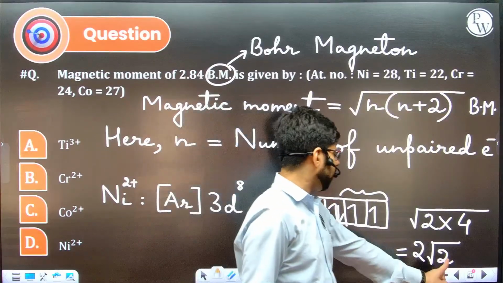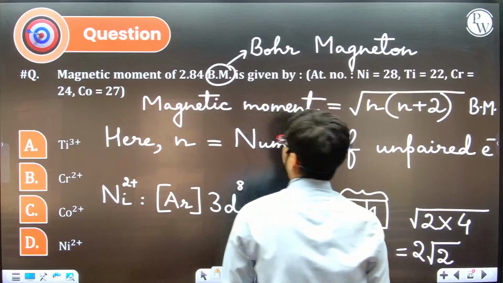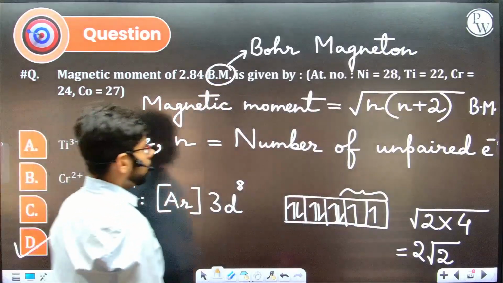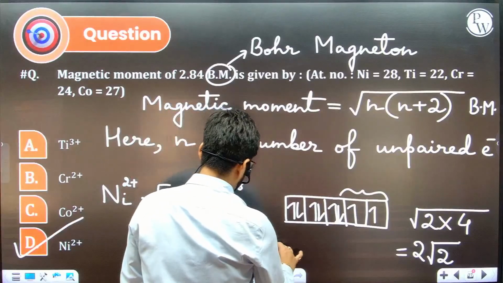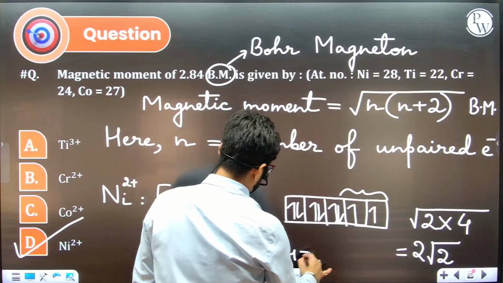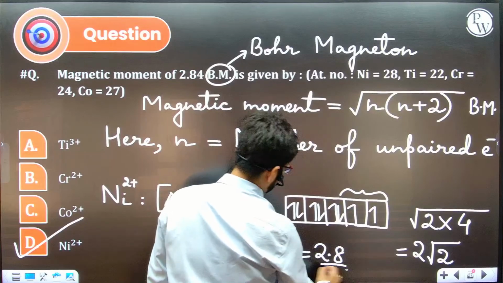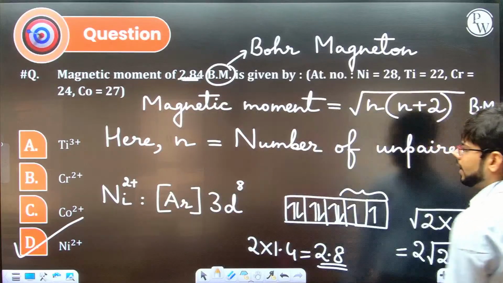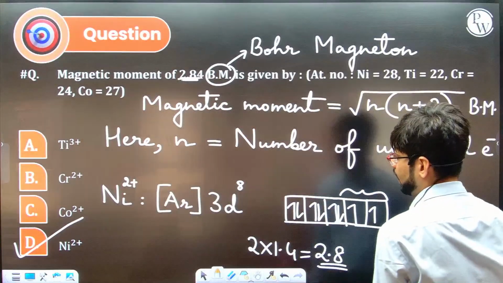So 1.41 into 2 will be 2.82. So it's approximately 2.84 BM. So D is the correct answer. 2 into root 2 is this, 2.8. So we got 2.8. So the correct answer is D, nickel ion.